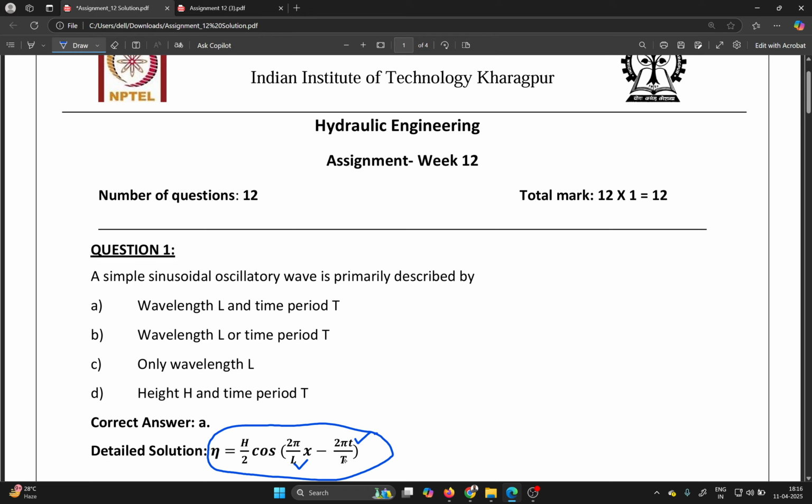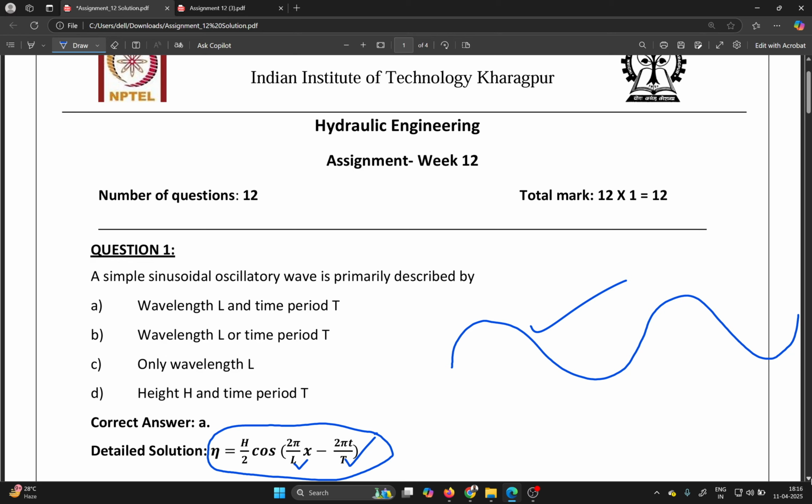Option A will be correct, that is wavelength L and capital T, the time period T. For a sinusoidal wave, like a sine wave, you need these two things to primarily describe such a kind of wave.